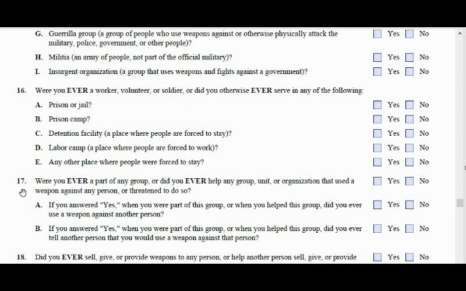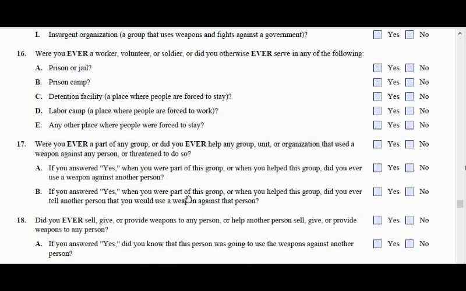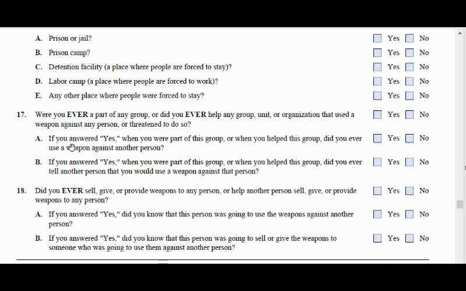On 17, were you ever a part of any group, or did you ever help any group, unit, or organization that used a weapon against any person or threatened to do so? If you answer yes on A, you have to provide when you were part of this group, when you helped this group, and if you ever used a weapon against another person, then you have to check yes.